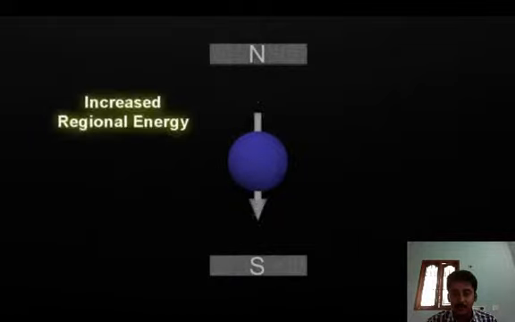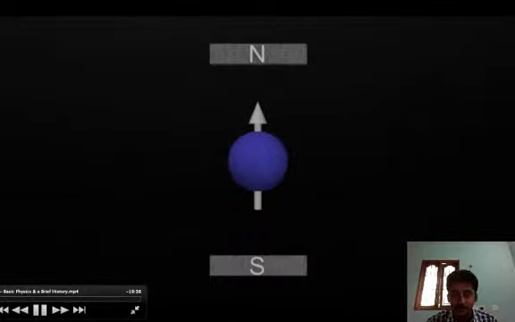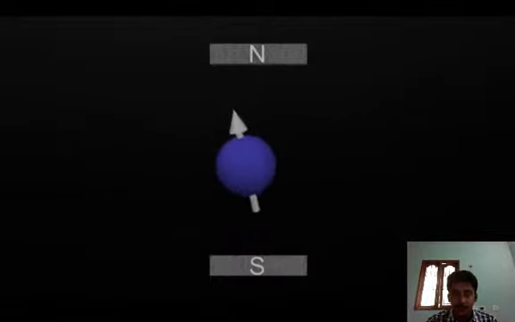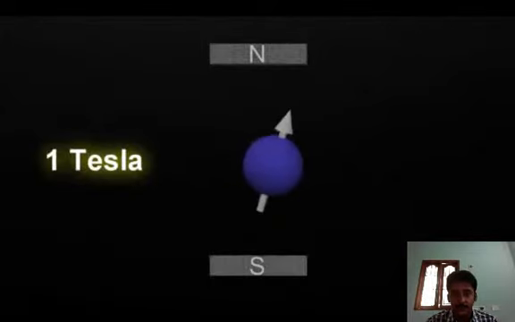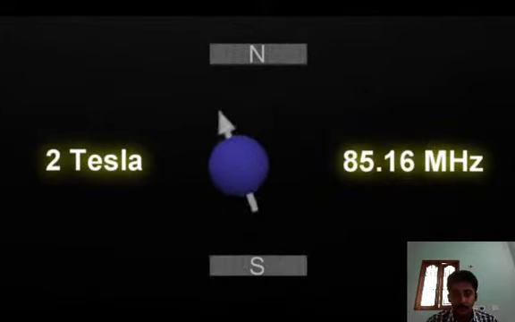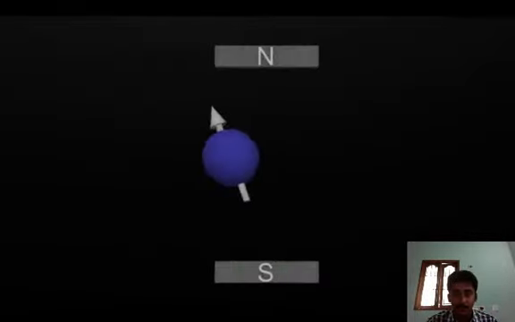Some protons are of high energy and some are of low energy. This is called Larmor precession. This is the Larmor precession relation, the relation between magnetic field and frequency.